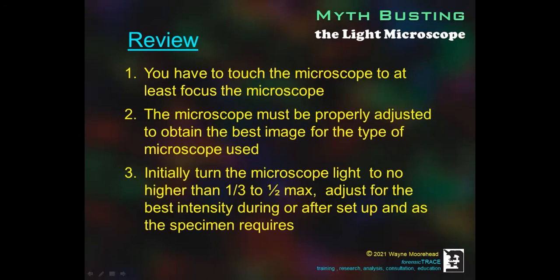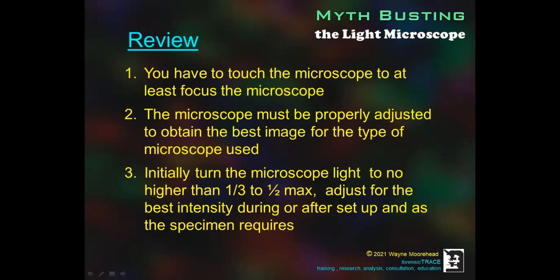So in review, for myth number 1, the reality is you have to touch the microscope to at least focus the microscope. For myth number 2, the reality is that the microscope must be properly adjusted to obtain the best image for the type of microscope being used. For myth number 3, the reality is turn the microscope light to no higher than 1/3 to 1/2 max.